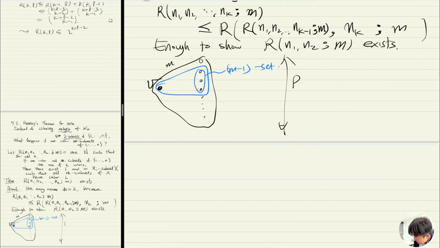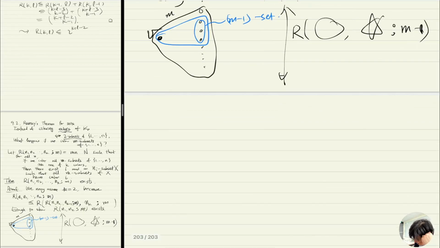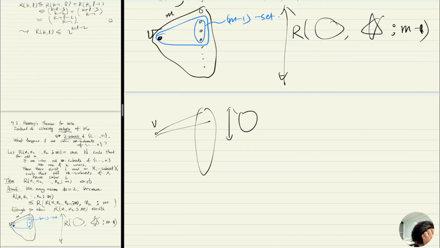If this is bigger than the Ramsey number of something and something with respect to m minus 1, then either we can find some big set where all m-sets containing V with this guy will have all the same color 1.